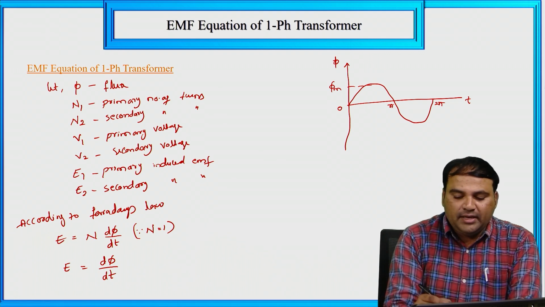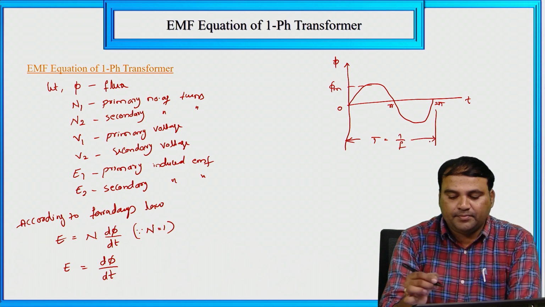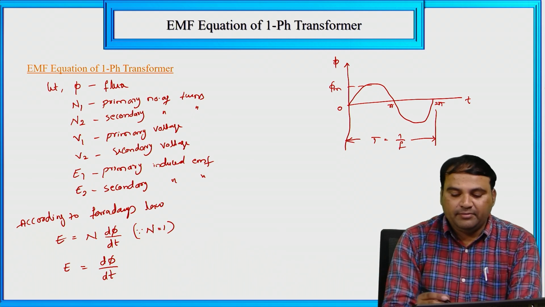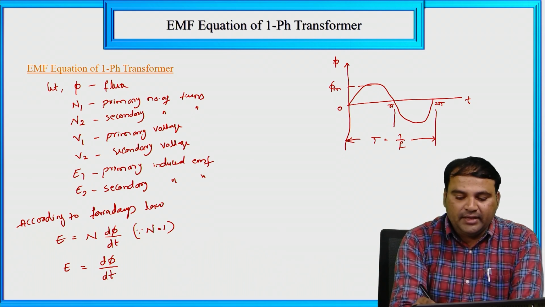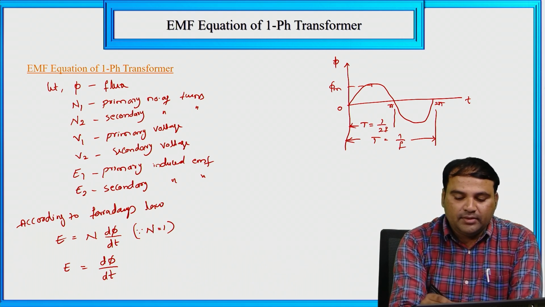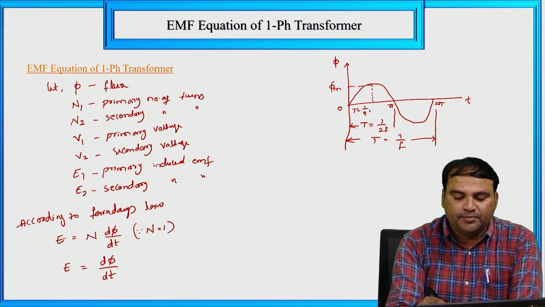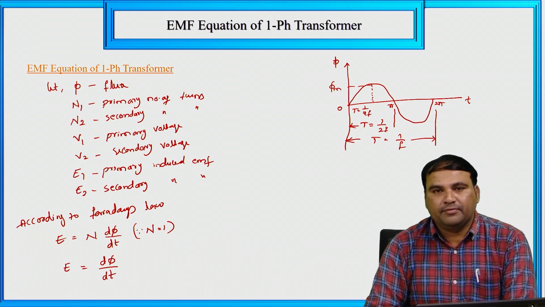Now for this sine wave, the total time period for the full cycle is T equal to 1 by f. For the half cycle, the time period T equal to 1 by 2f. Now at maximum flux, the time period T is equal to 1 by 4f, right?